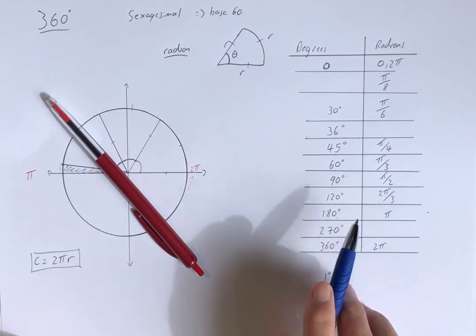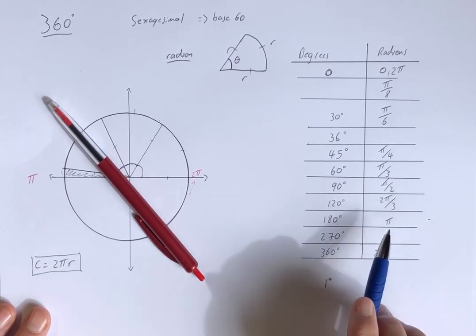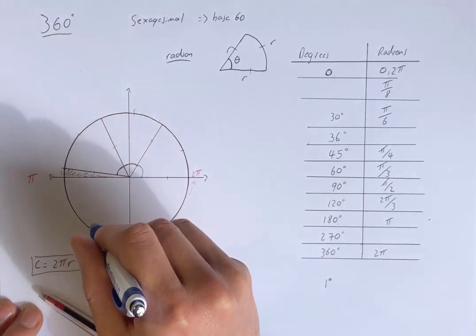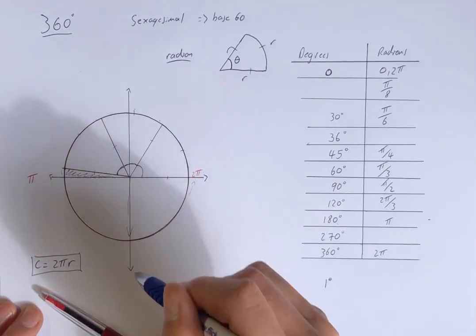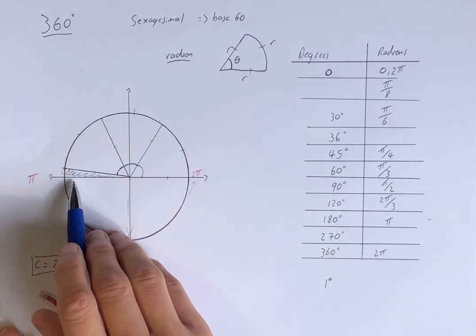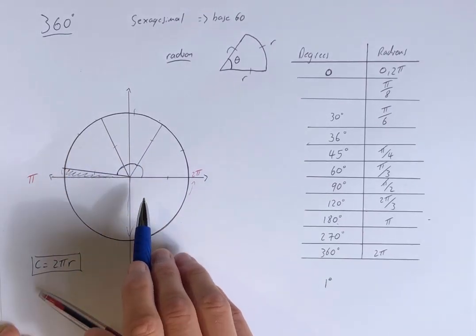2 pi over 3, 2/3 of pi. So 180 degrees is pi radians, that's this way. And so 270, well that's 3/4 of the way to 2 pi. So 3/4 of 2 pi, or you can think about it as pi and a half, right?